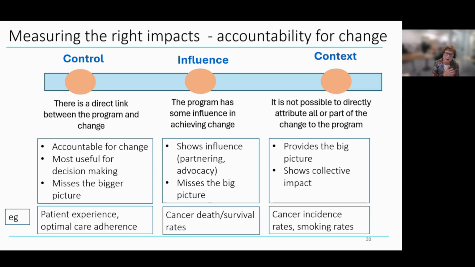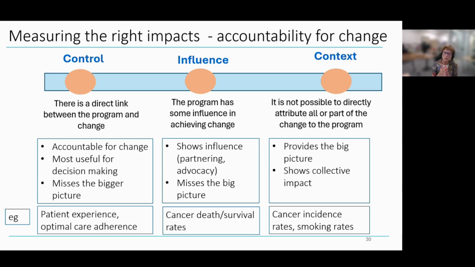So if we look at the changes which you can control, they are most useful for decision making because you're right there, you can control it. But if you only look at the changes you control, you miss the bigger picture. You miss all that context that's happening around you and all the things you influence.